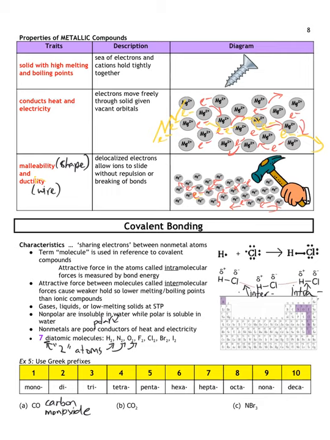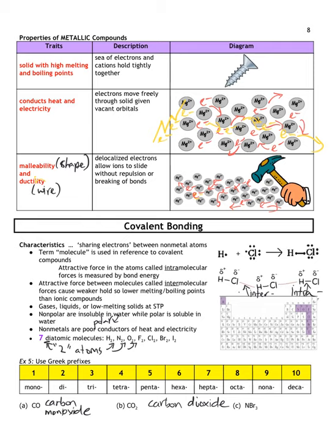nonmetal or the atom. All right, let's look at the next one. Carbon, you don't use mono for carbon, but then there are two oxygens here, so we use di, and then you call it oxide. So this is called carbon dioxide.